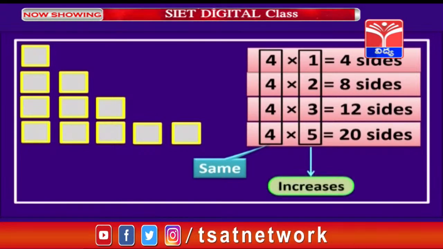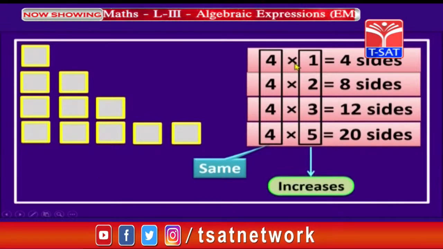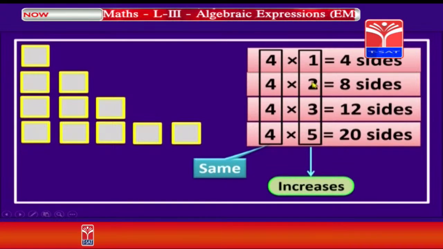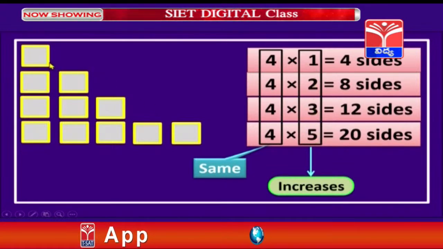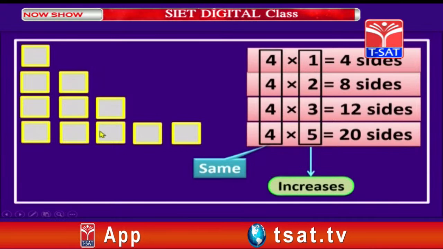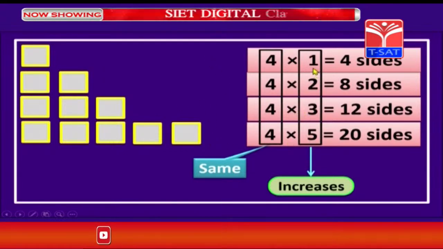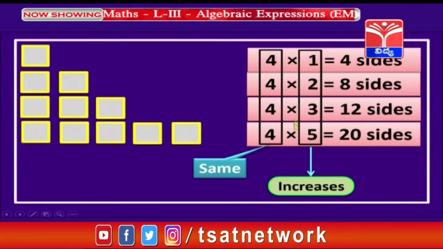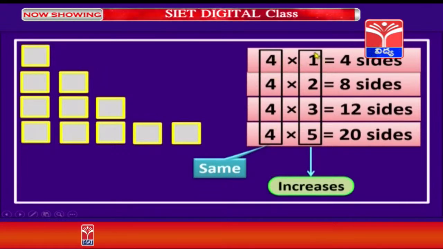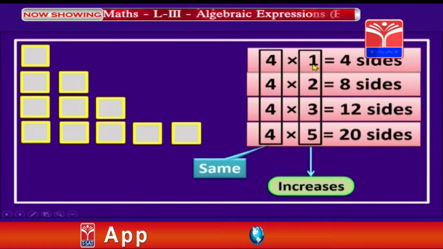Yes, it is increasing. So that means here this is nothing but number of squares. So number of squares are increasing, right children? So if we have 1, then 2, then 3, then 5, like that, it is increasing. Now if you move the other way, obviously it will be decreasing, 5, 3, 2, 1. So that means there is change in this case, whereas this one remains the same, whereas this part changes every time.